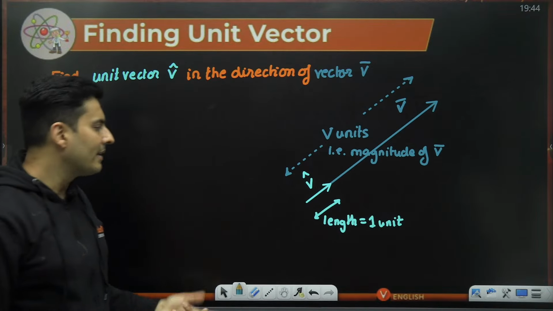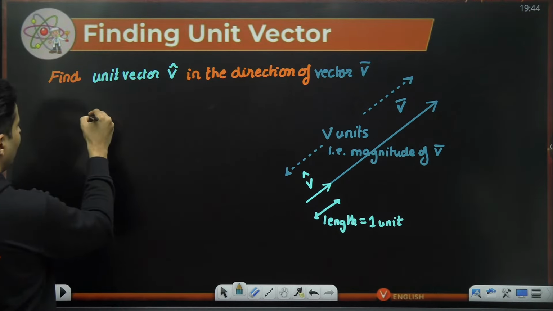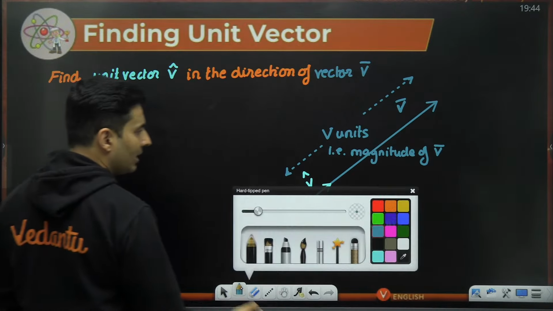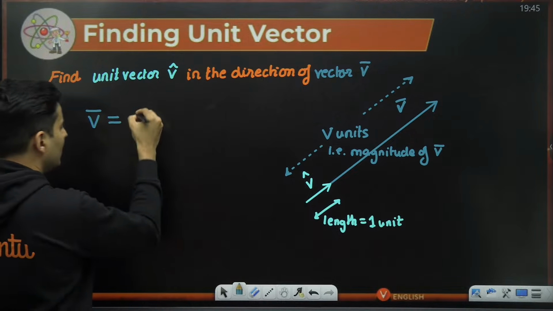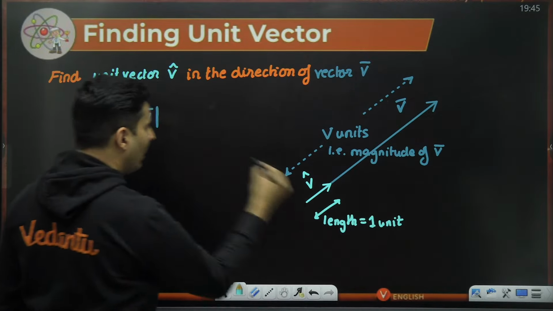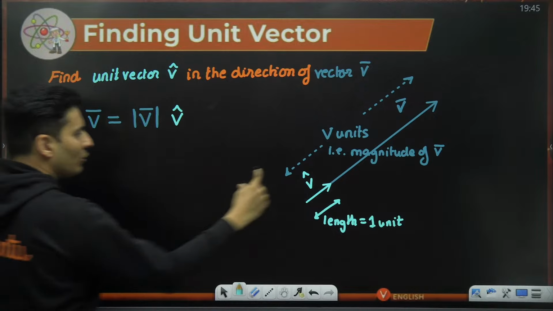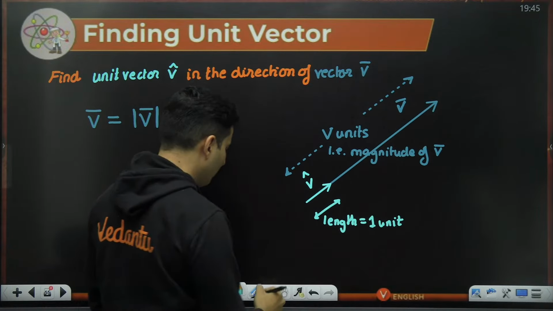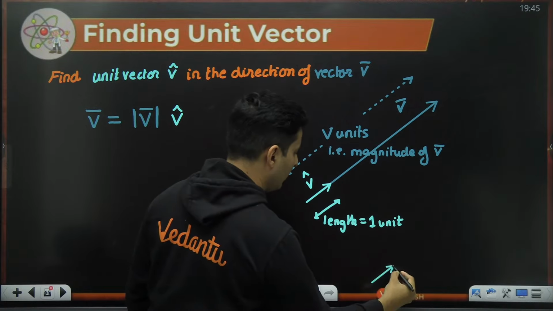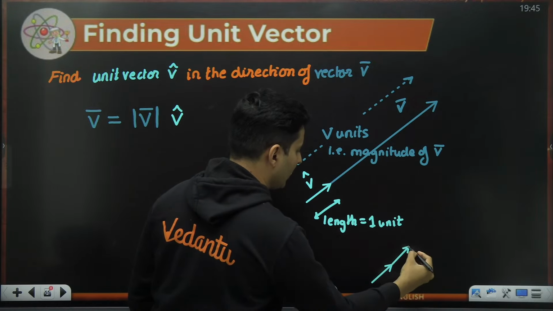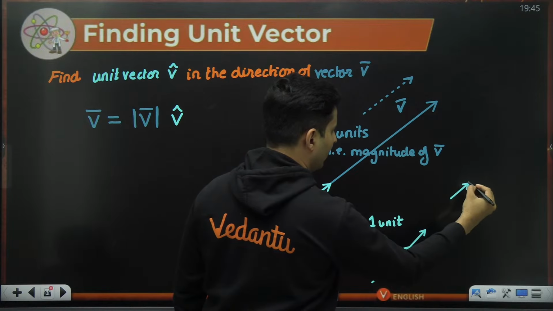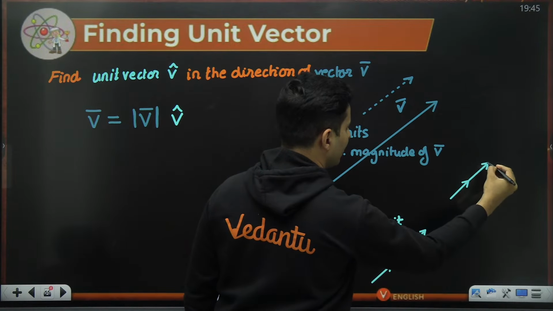So this gives me a clear-cut picture that v vector is nothing but you take the magnitude of it and multiply it by that unit vector. So v hat, how many times will you have to put it? Yes, the magnitude number of times. You put it like this, then like this, and keep on doing it till you reach the end.